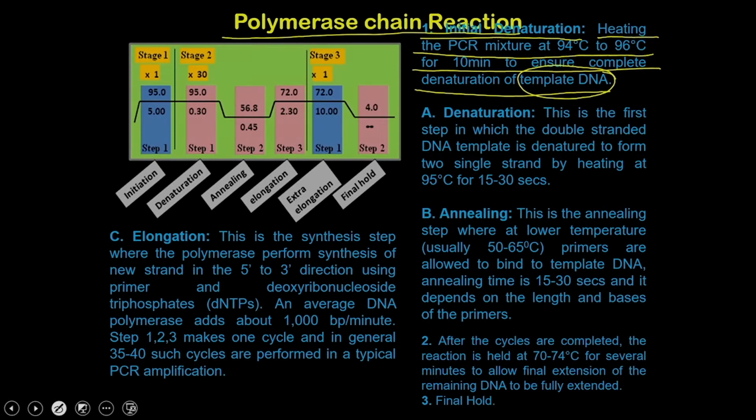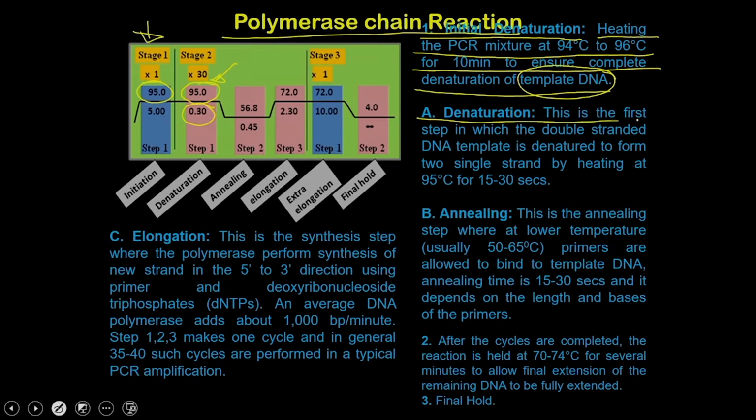When you start the PCR, you first bring up the reaction, do the initial denaturation at 95 degrees Celsius for 5 to 10 minutes, and then enter stage 2, where you again heat up the template for 30 to 45 seconds, and that is the denaturation step.